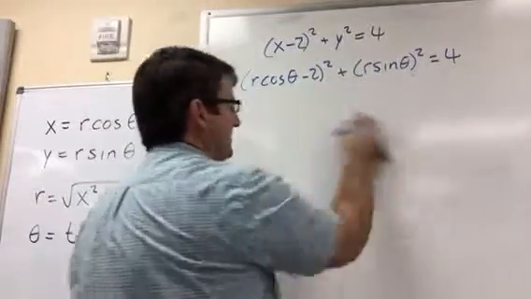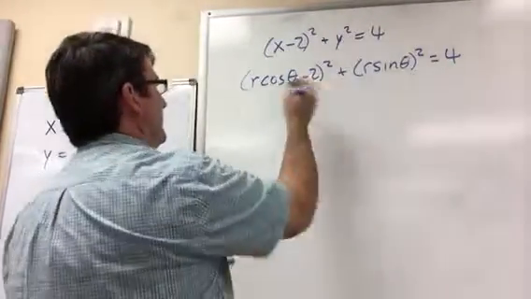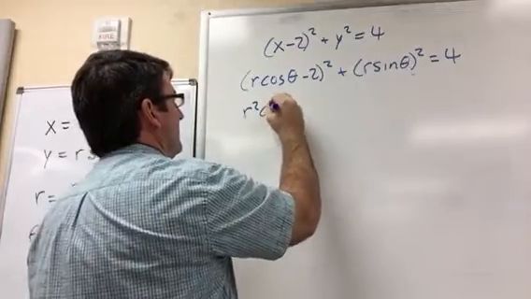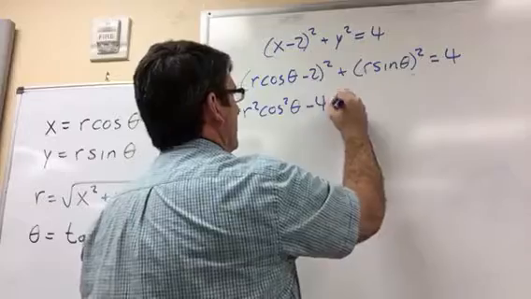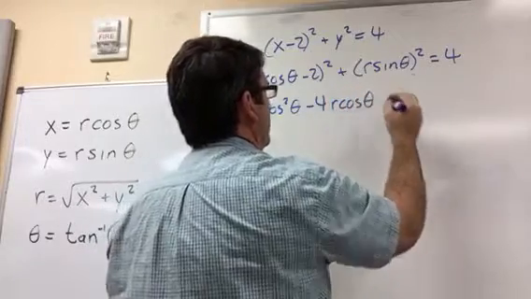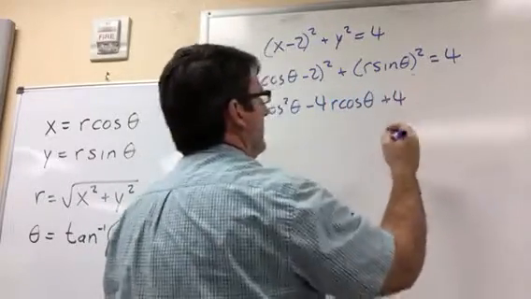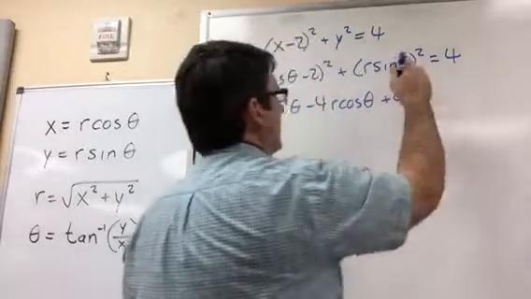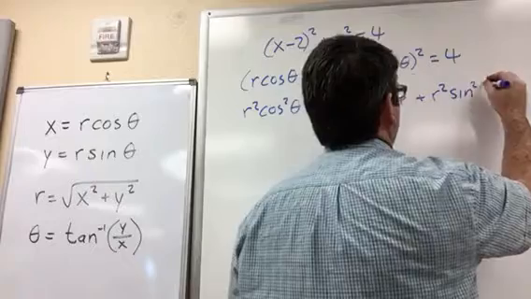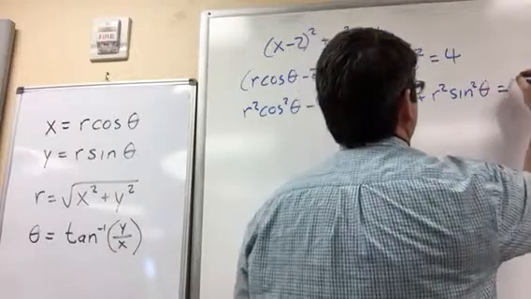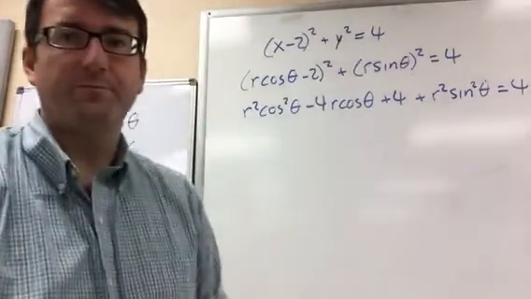And we can combine those minus 2r cosine thetas. So we get r squared cosine squared theta minus 4r cosine theta plus 4, and then this squares to r squared sine squared theta, and that all equals 4.